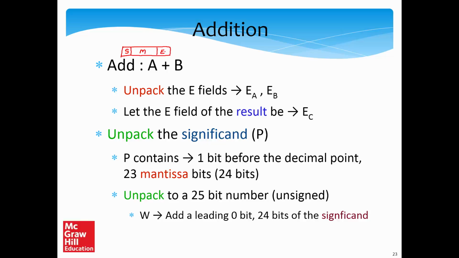So if the real exponent is x, what we are saving is x plus the bias. If the real exponent is 0, then we are saving 127 because the bias is 127. Similarly, the B field is formatted in the same manner. We have a sign bit, a 23-bit mantissa, and an 8-bit exponent.